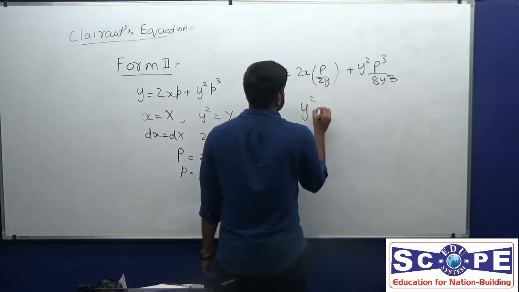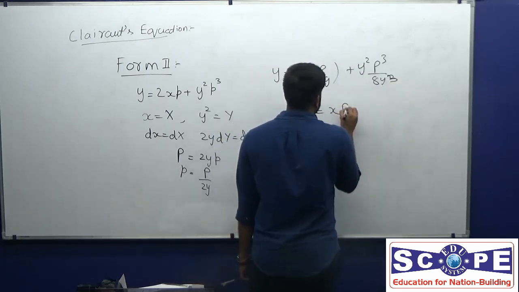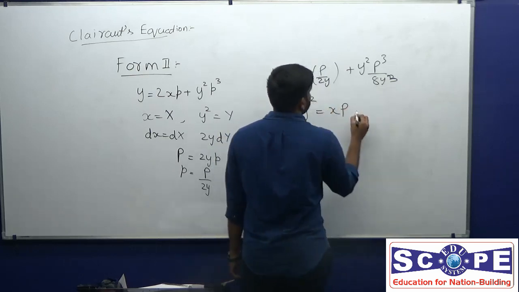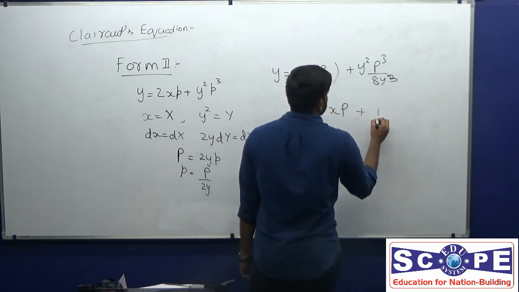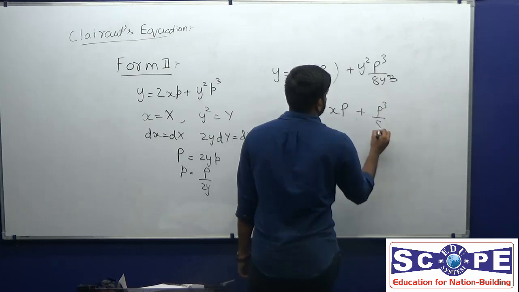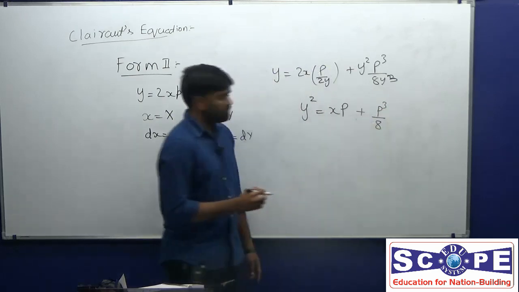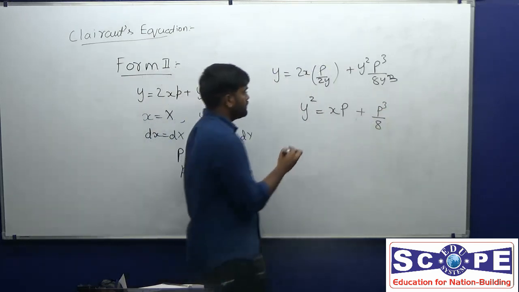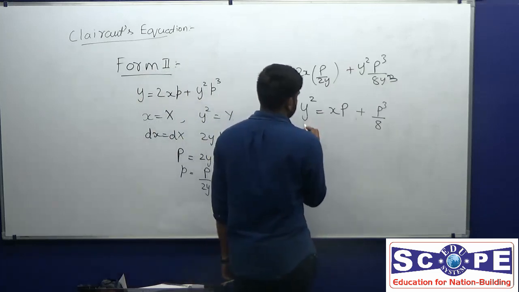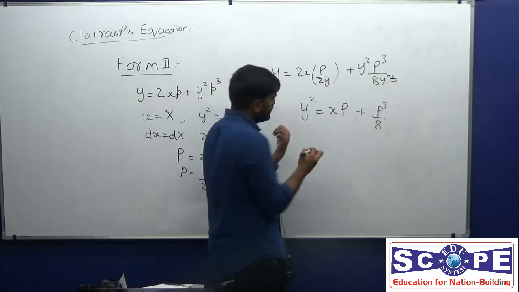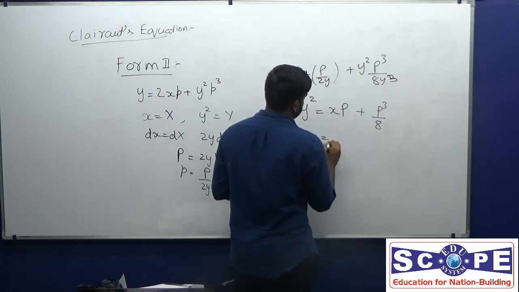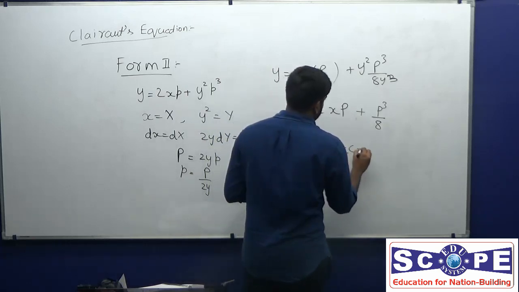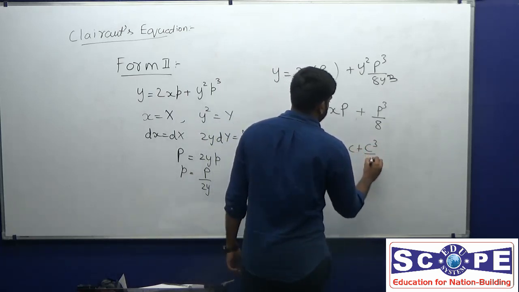So we will get y square equals to xp plus p cube by 8, where we took y square as y only. So simply I can write this as y square equal to xc plus c cube by 8.